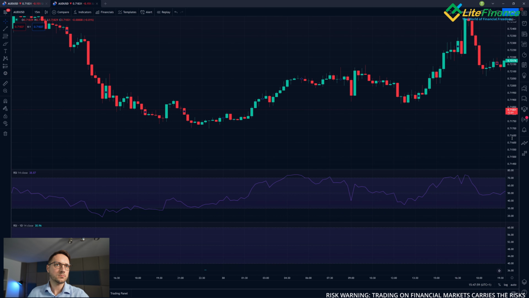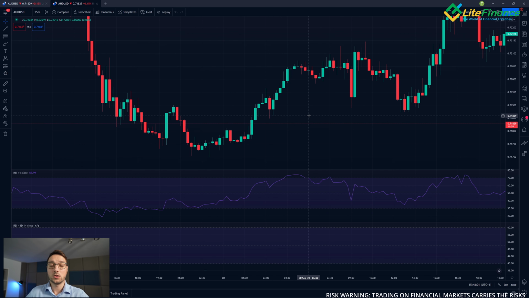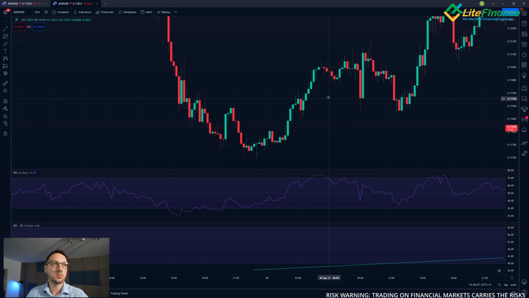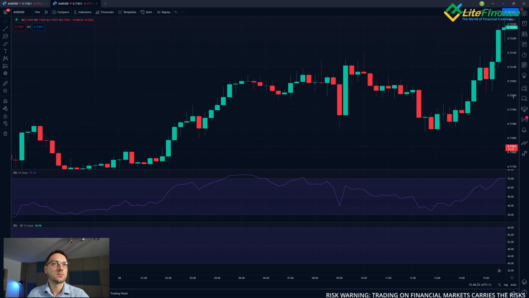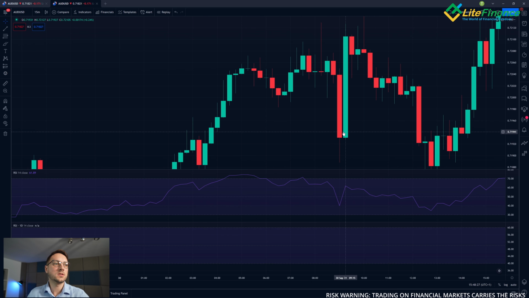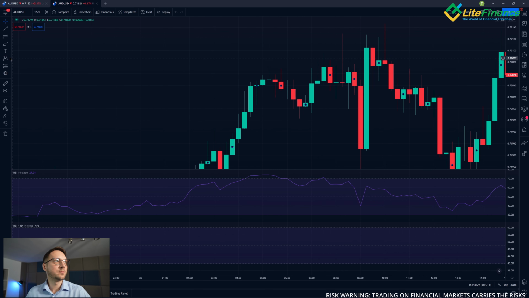So you will most likely come across such situations also. So yeah, we need to talk about losses as well. So we have the daily RSI below 30, and we have the more responsive RSI above the 70 line. So let's zoom in again and see in more detail what happened over here.